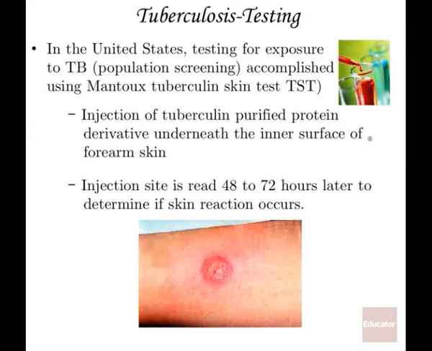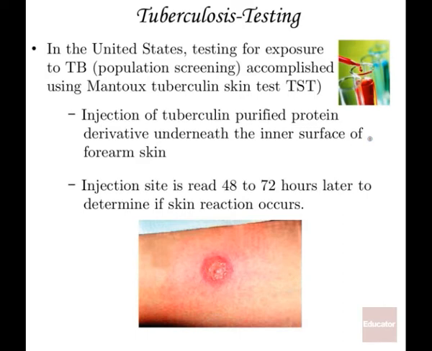So how do we determine that an individual has TB? Well, one of the ways, at least in the United States, is determining whether or not an individual has antibodies to TB by conducting this TB tuberculous skin test.